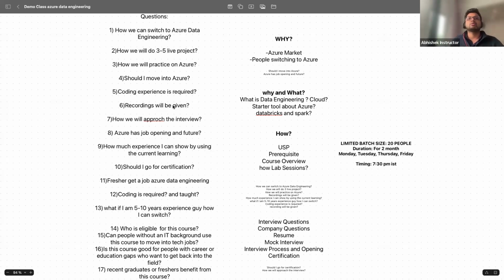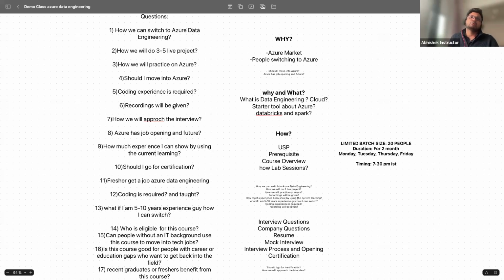Then some people say, Abhishek, I am a newbie, I haven't learned SQL or Python, and I am from a sales or marketing background. Can I still register for this course? Will the recording be given to us or not? How will we approach the interview? What's the future of Azure in the market, because some people are from Informatica, SSIS and those backgrounds, and they wonder whether it is a good future? Those questions are also there.